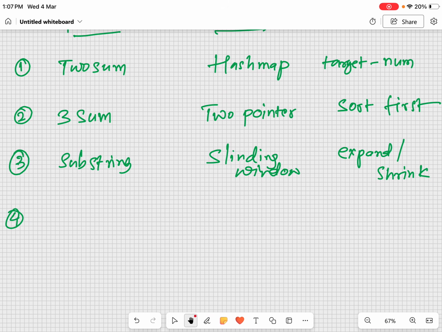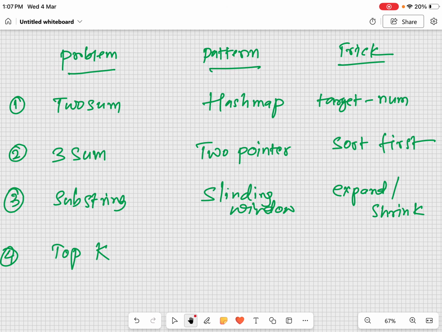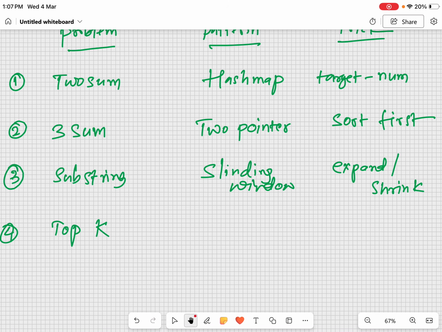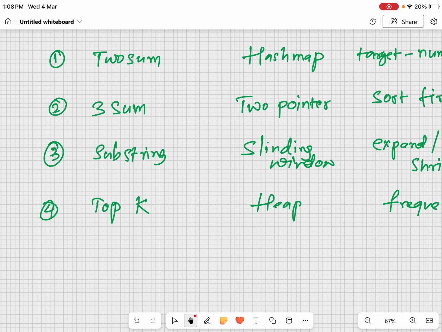So the fourth problem would be top k elements. Here the pattern we use is heap, and the trick would be frequency. And the last one, which I'm going to explain, is island problems.